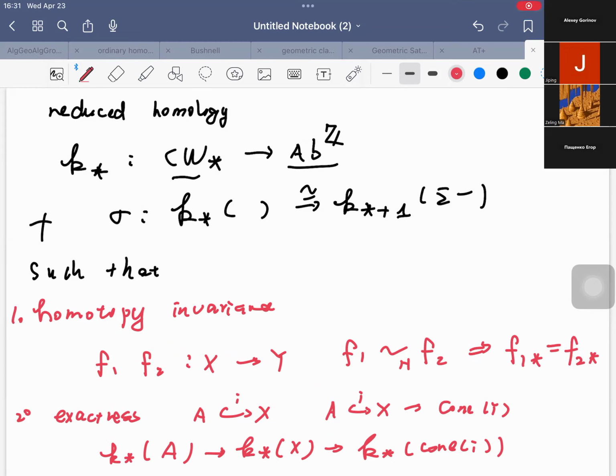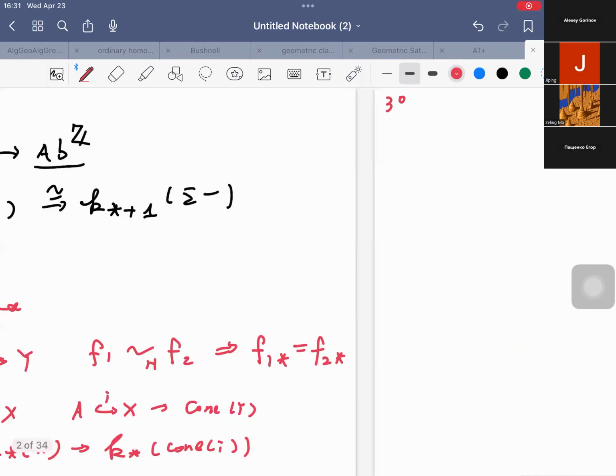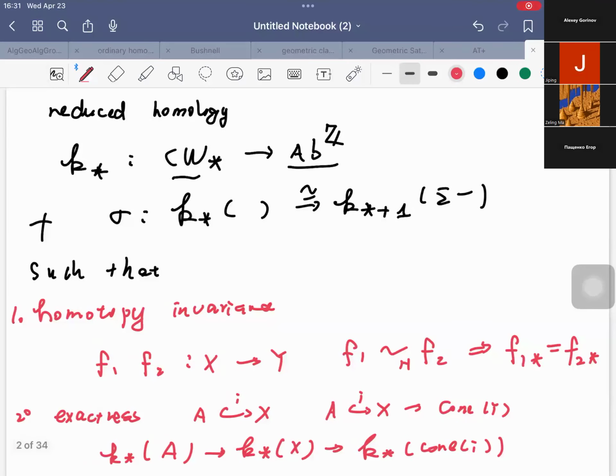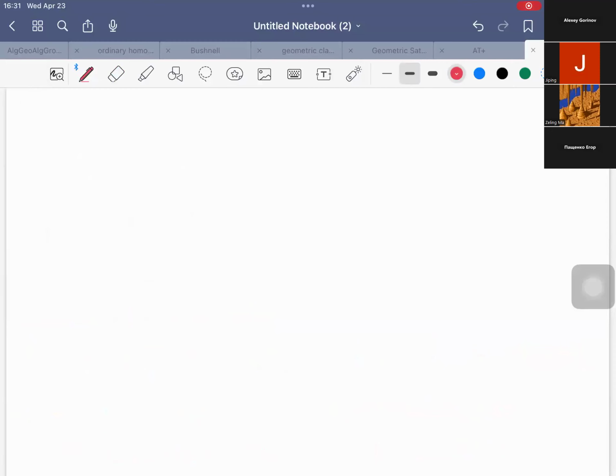Or maybe it follows from the cofibration sequence for spaces. Let's think. This is X. It's the cone.